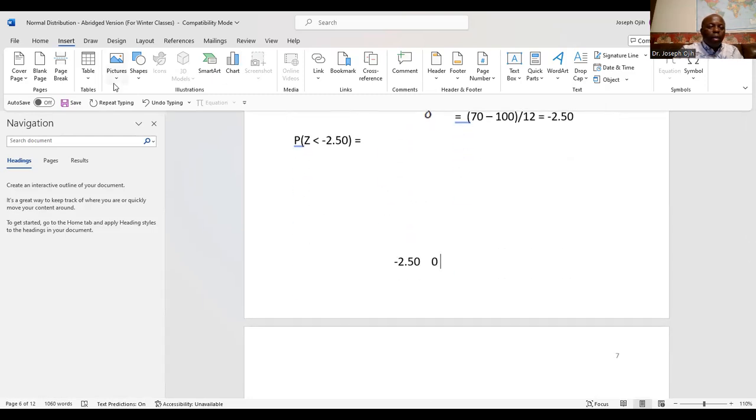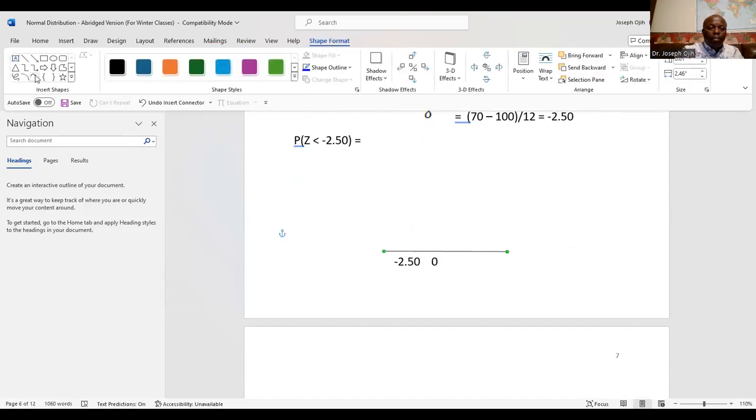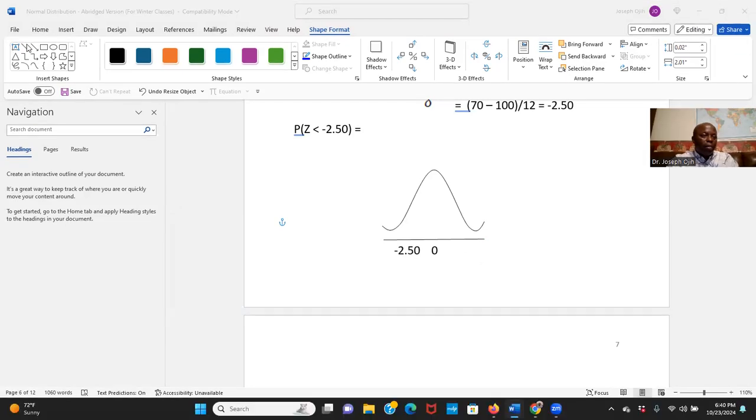So we're going to insert our line here, the x-axis, then put the bell curve. Then make this adjustment here. Now put the center line. Okay, we have it right here.